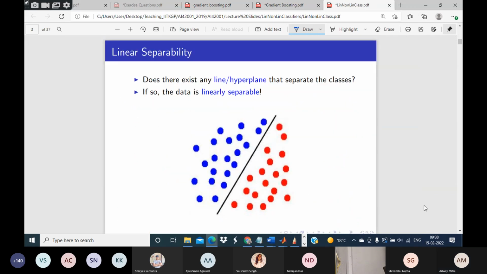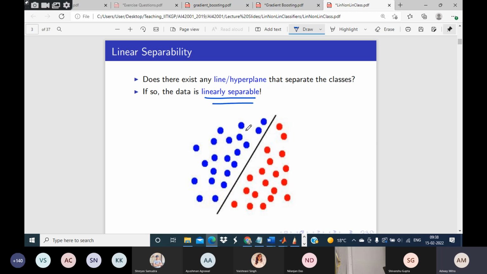Now suppose we are given a data set like this where the labels are binary. That is, there are only two class labels. Let us say in this case, one is red, the other is blue. The question is, is this data set linearly separable or not?